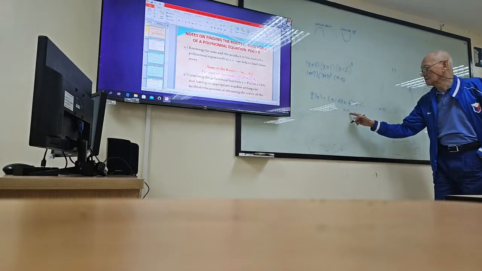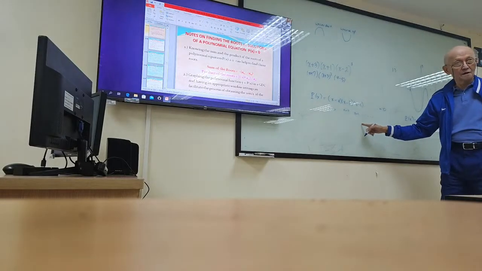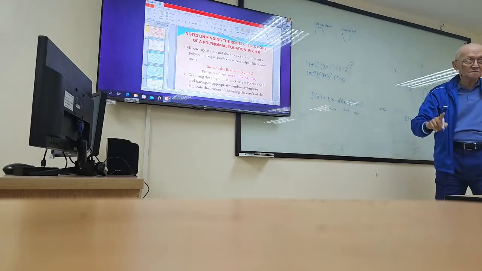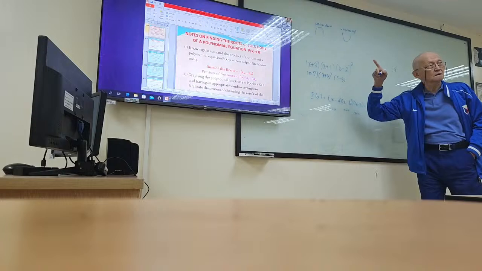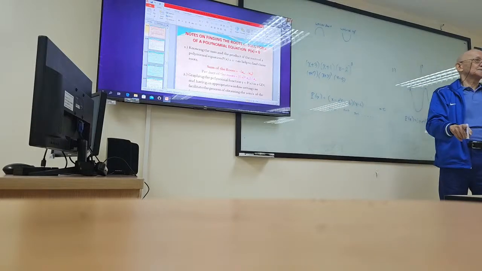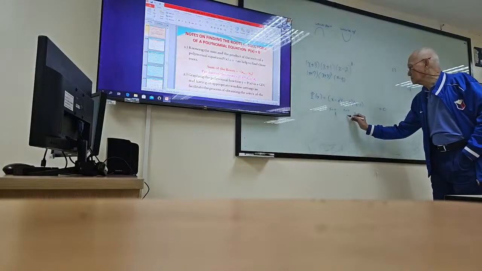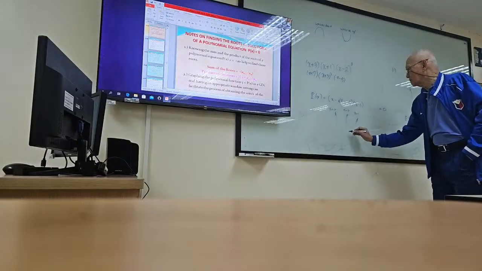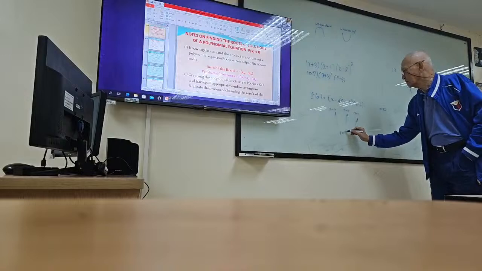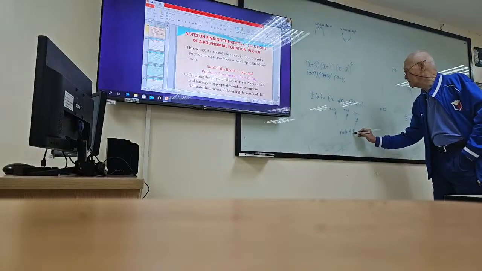These are called the zeros, or the points on the x-axis where the graph will intersect. These are the roots of the polynomial equation.